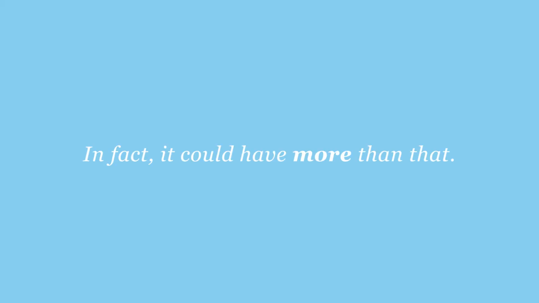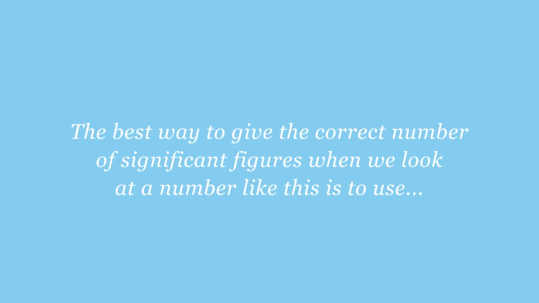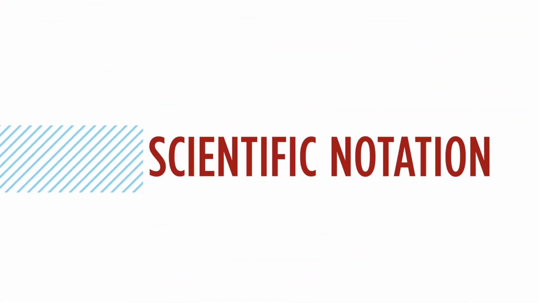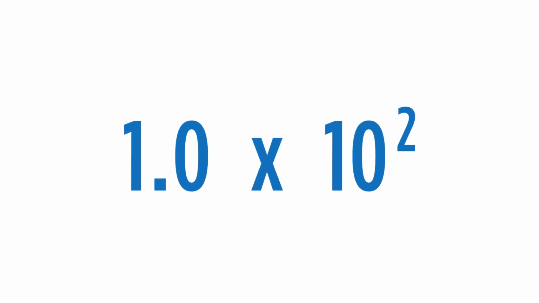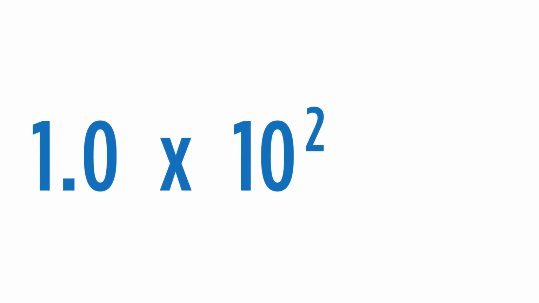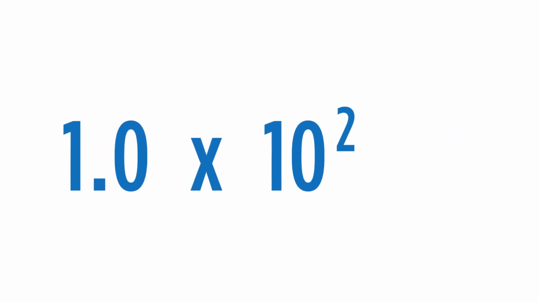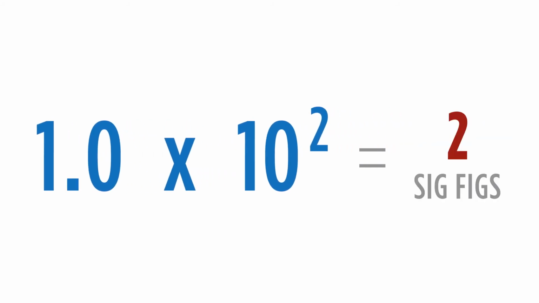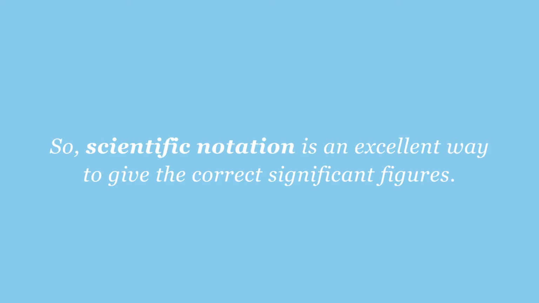And in fact, it could have more than that. The best way to give the correct number of significant figures when we look at a number like this is to use scientific notation. So 1.0 times 10 to the second, that would tell us that we have 100. It not only tells us that that's 100, but it would tell us that we have 2 significant figures. So scientific notation is an excellent way to give the correct significant figures.